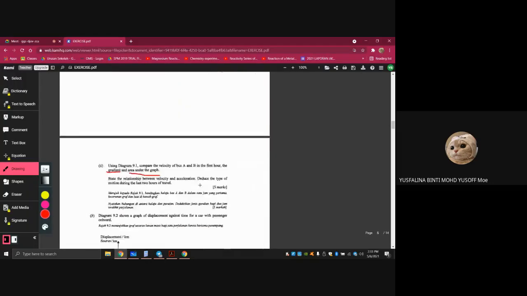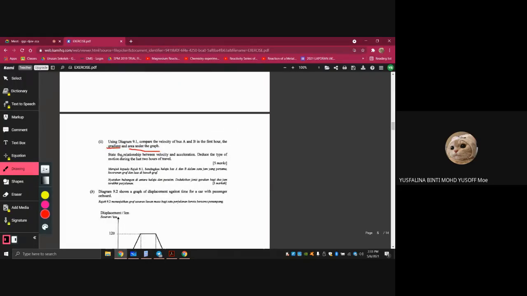Now you have to state the relationship between the velocity and the acceleration. When you talk about a relationship, please use higher, higher, or higher, lower. For example: the higher the velocity, the higher the acceleration, and the lower the velocity, the lower the acceleration.